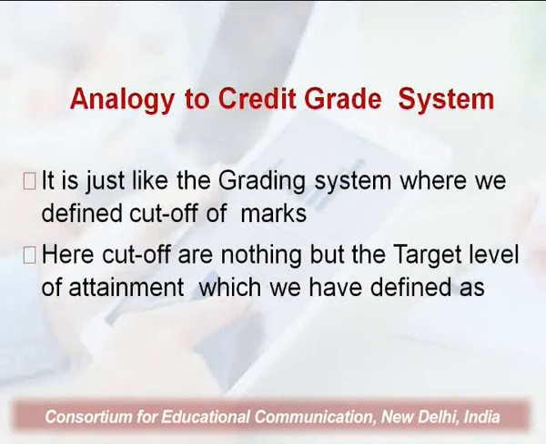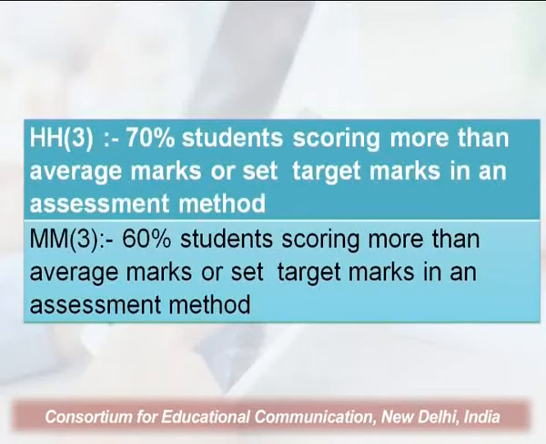Now, let us move on to the analogy to the credit grade system. It is just like a grading system where we define the cutoff of the marks. Here the cutoffs are nothing but the target levels of attainment, which we define as follows. If it is 3, that is high, the threshold is 70% of the students scoring more than the average marks or the set target marks in an assessment year.